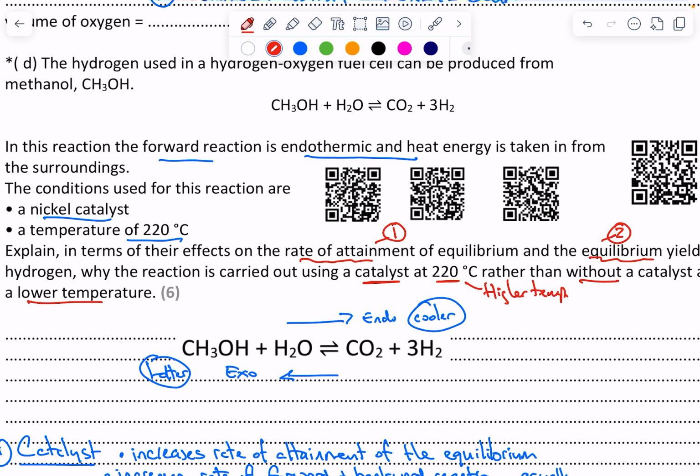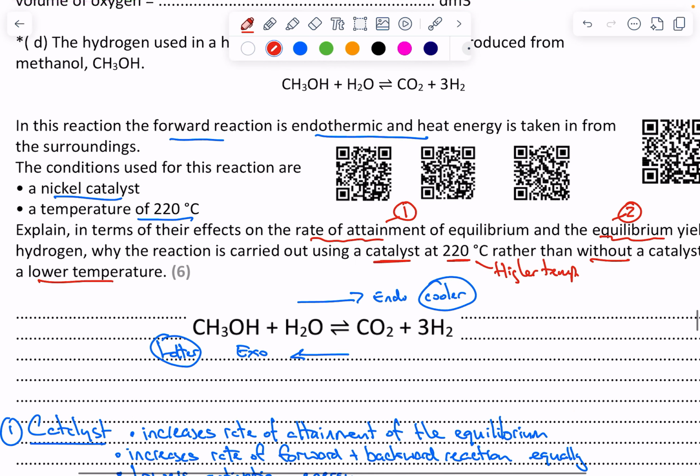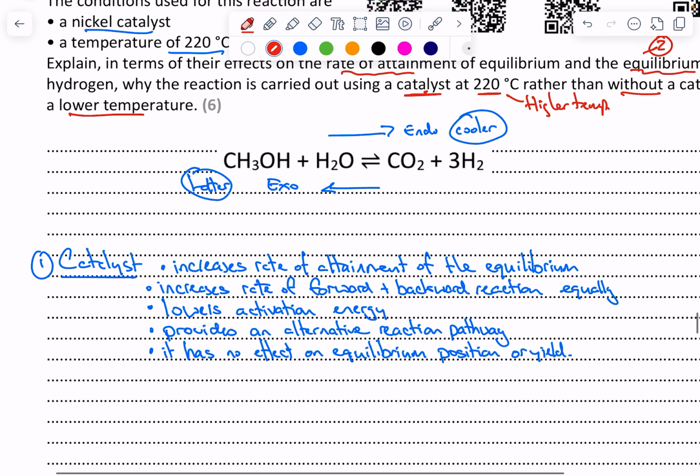So let's split my response up into different parts. Let's deal with the catalyst first, just because it's listed first. The things we need to remember about a catalyst are that catalysts increase the rate of attainment of the equilibrium. That means they set the equilibrium up in a shorter time. They do that by increasing the rate of the forward and backward reaction by the same amount.